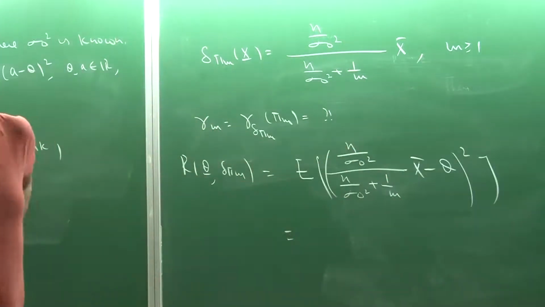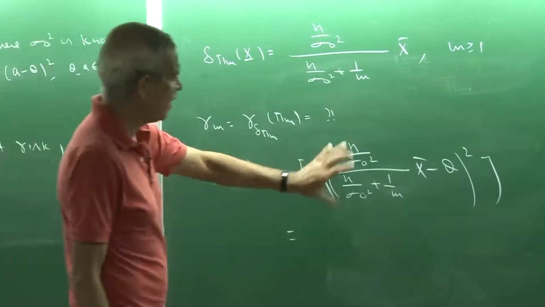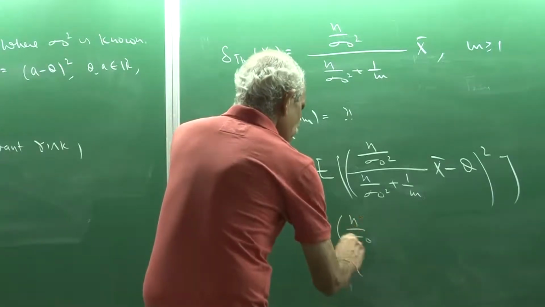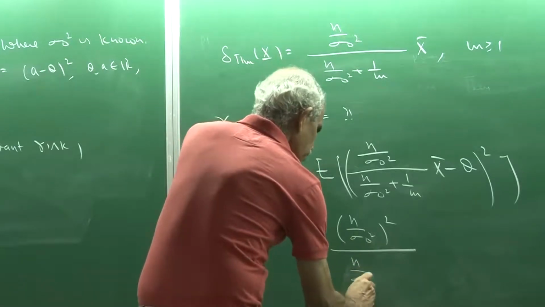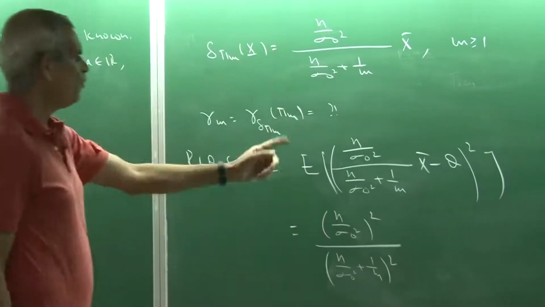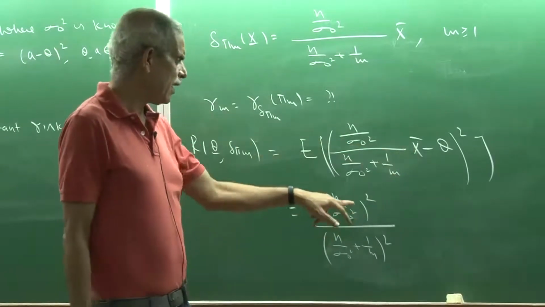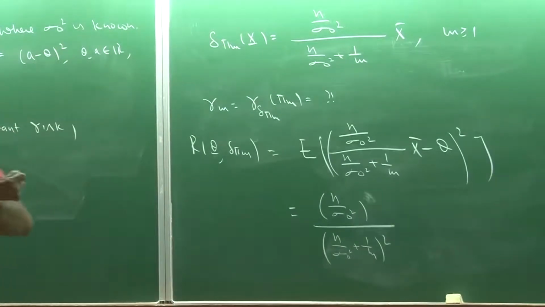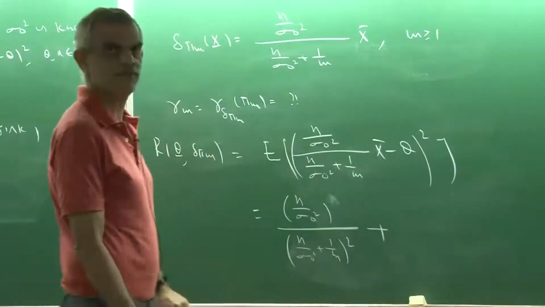What is this? This is a mean square error, which is the same as variance plus bias square. Variance of this would be this square. So n by sigma naught square whole square divided by n by sigma naught square plus 1 by m whole square into variance of x bar, which is nothing but sigma naught square by n. So this one would go away and we will be left with only this quantity, n by sigma naught square, plus bias square. Bias would be this into theta minus 1.